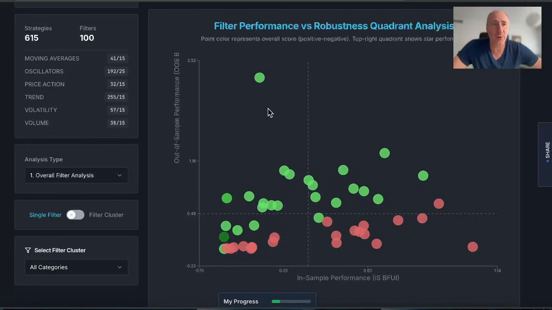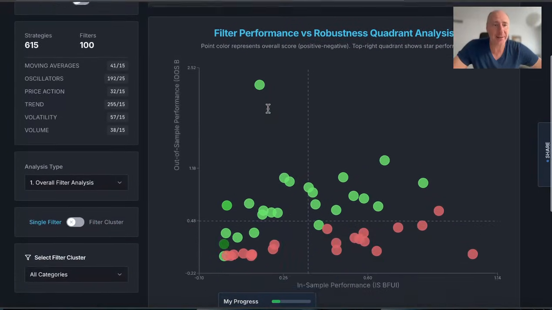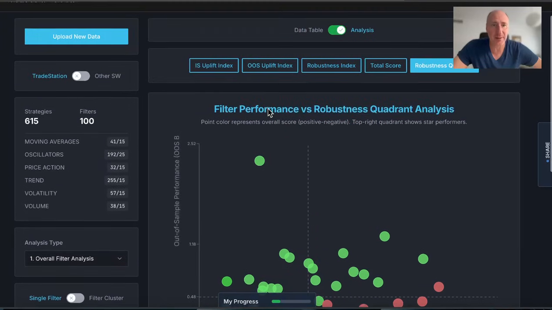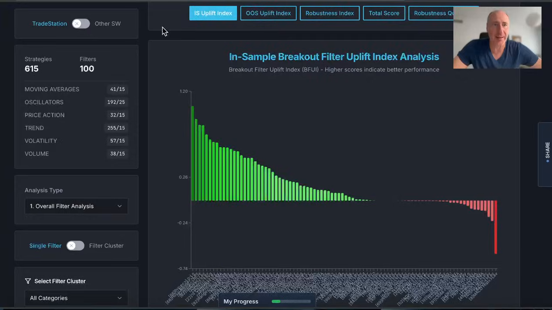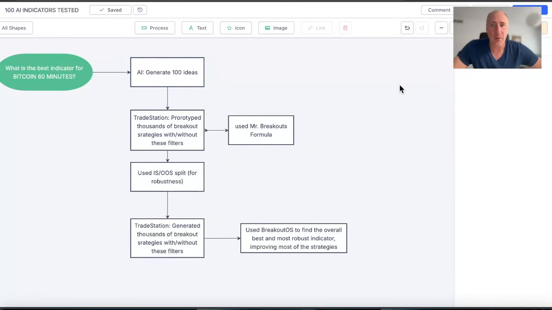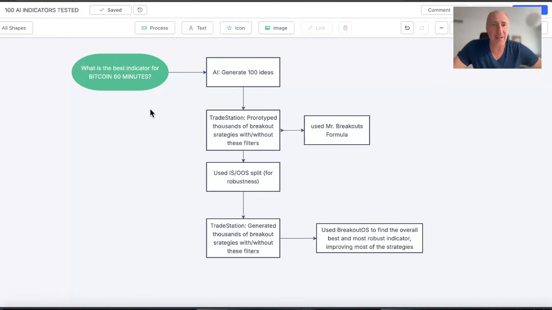In that video, I shared a deep, thorough analysis of 100 different filters which I analyzed on Bitcoin, on crypto trading. I used a special framework which I already explained, so just a very quick reminder: I generated 100 different filter and indicator-based filter ideas with AI.